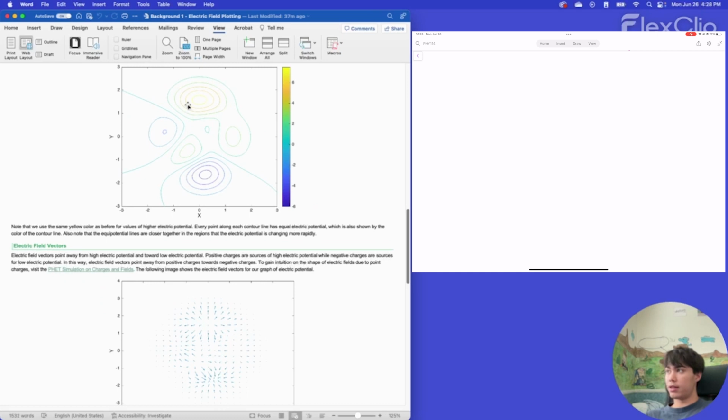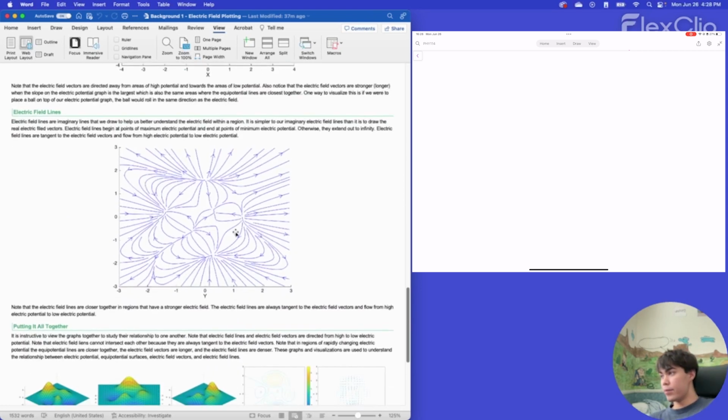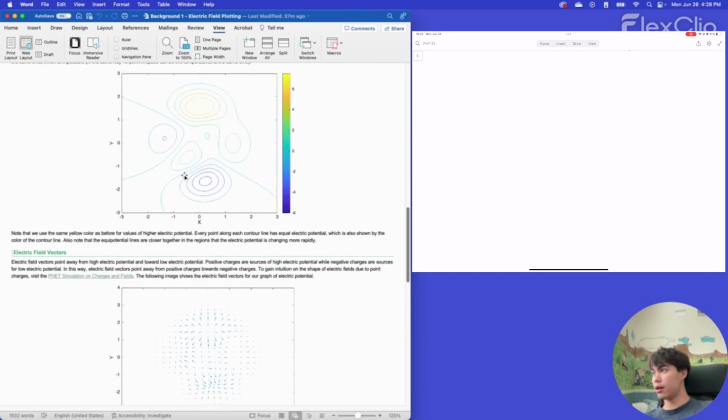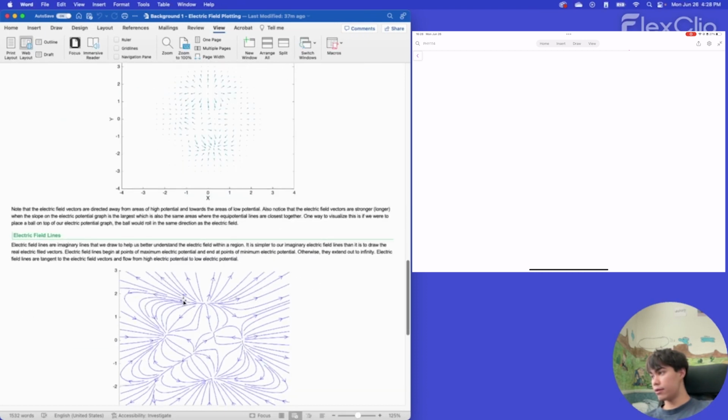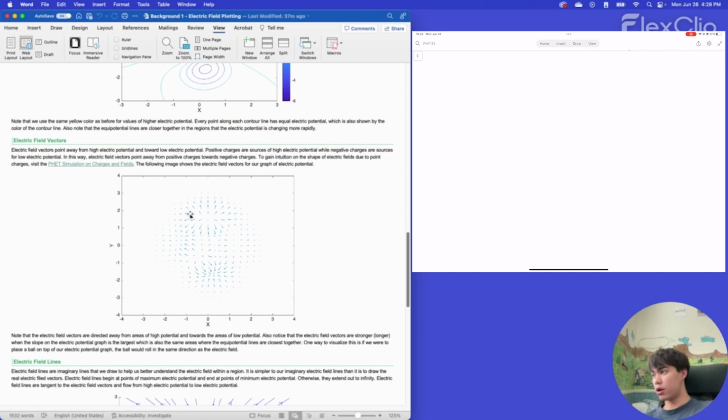So the electric field vectors are shorter, and the equipotential lines are farther apart where it's weaker, and very close where the equipotential lines are close together. Here the equipotential lines are very close together, and these lines are very close together, and these lines get much longer.